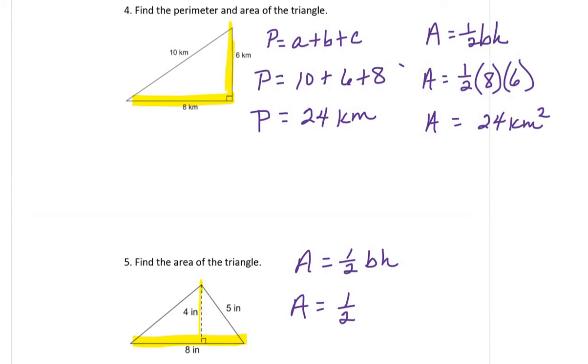So in this problem, my base is 8 and my height is 4. Notice that the height is not a side of the triangle, it's just an altitude that's drawn in. So the base is 8 and the height is 4. So the area here is going to be 16 square inches.